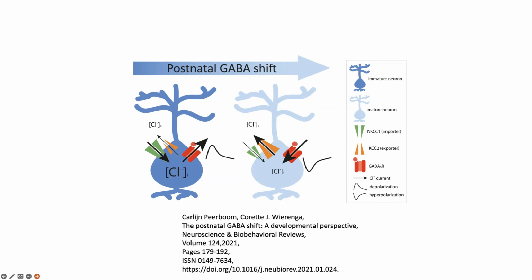It is a GABAergic channel, a chemical ligand gated ion channel which opens for chloride currents. When the chloride concentration inside the cell is higher, there is an efflux of chloride from inside to outside.